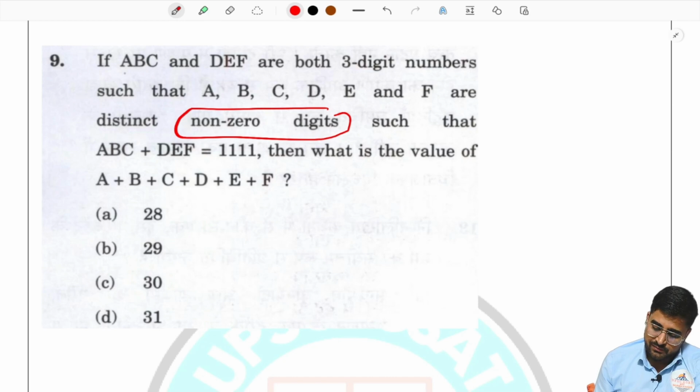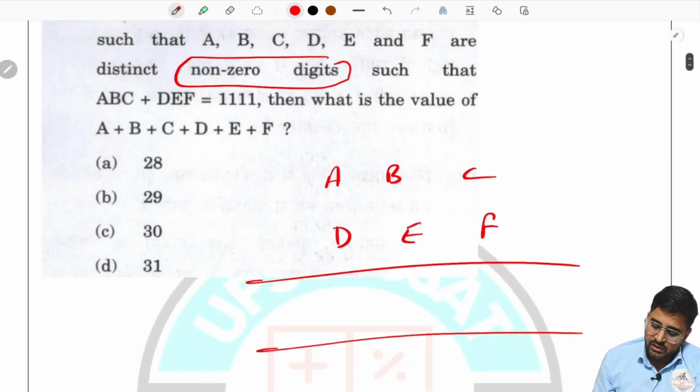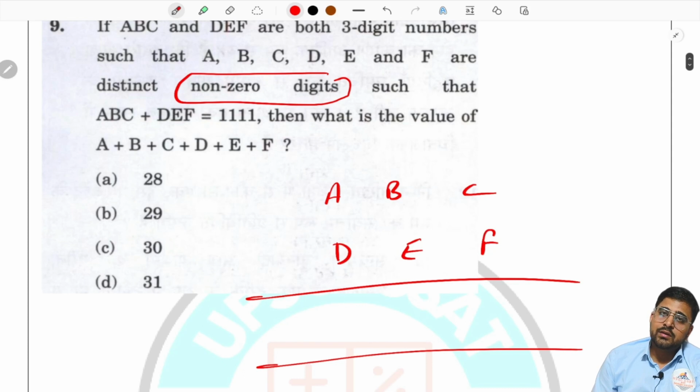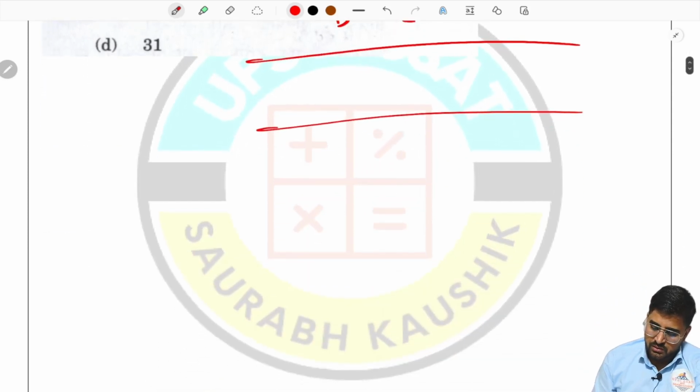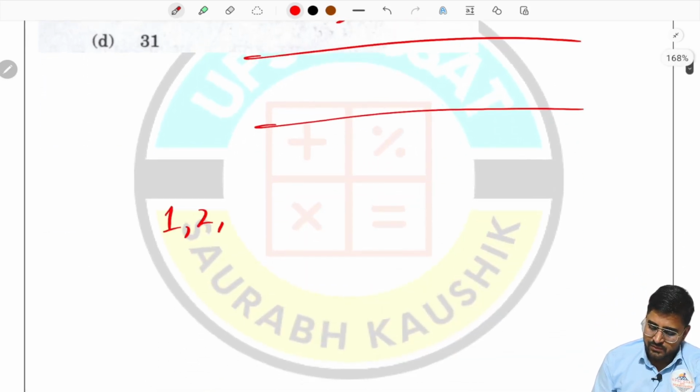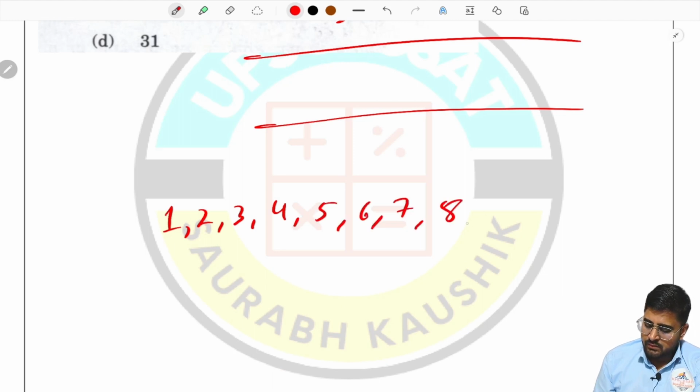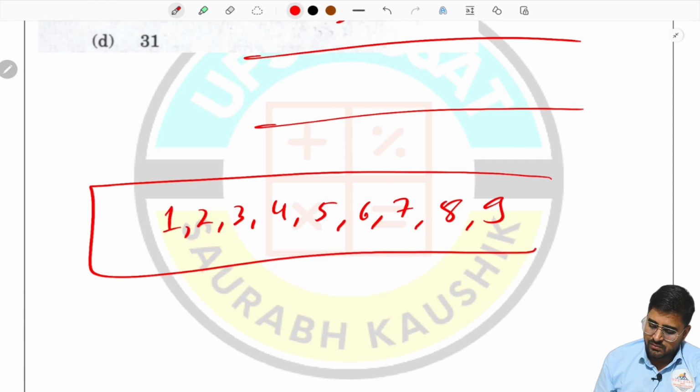So what do we have? We have two numbers, ABC and DEF. The condition is they will be non-zero. So what do we have left? We are left with this one.